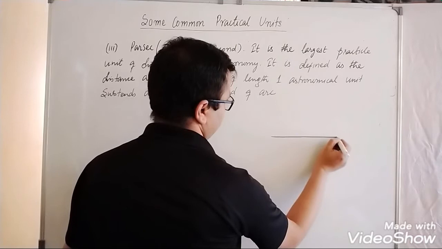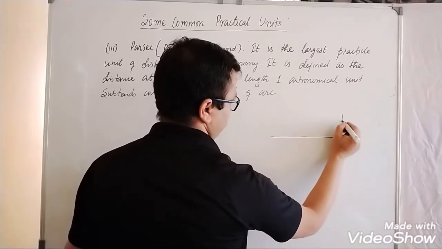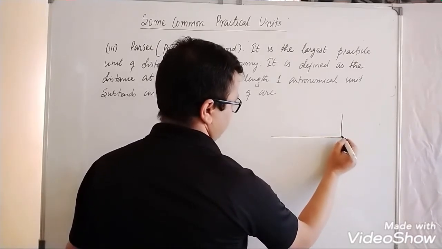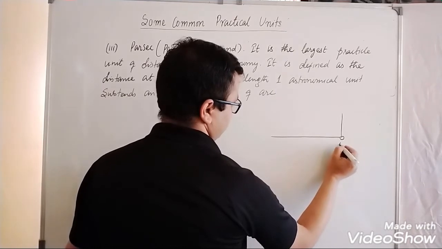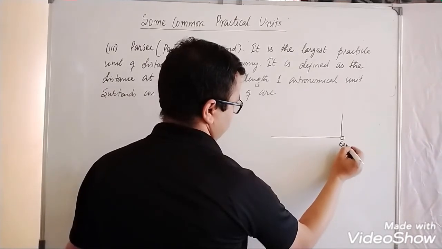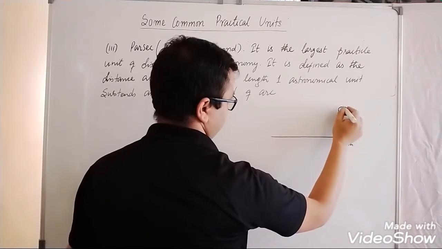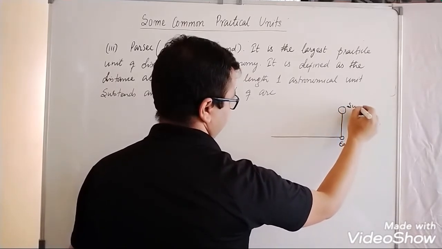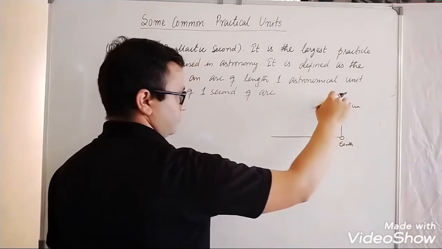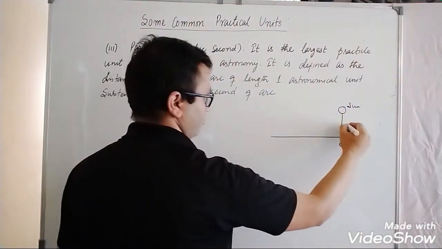one right angle triangle. Now this is Earth, and this is Sun. Then the distance between Sun and Earth is 1 astronomical unit.